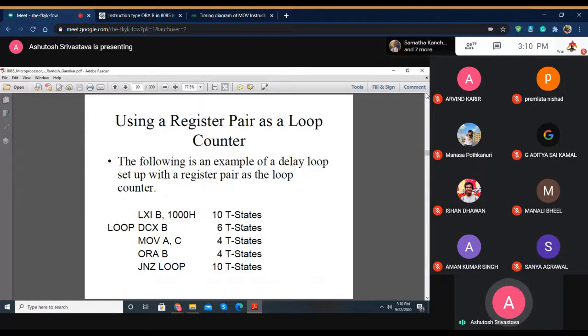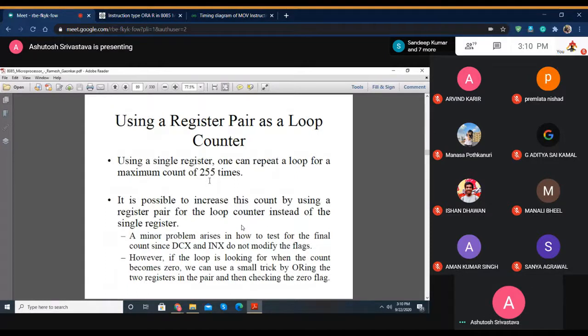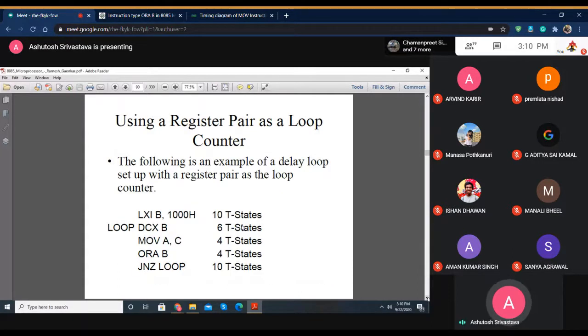So if we go beyond 255 times, like in this example, can you calculate the total delay for this example? Yes, sir. All of you? So there is only one loop. So what is your first statement?